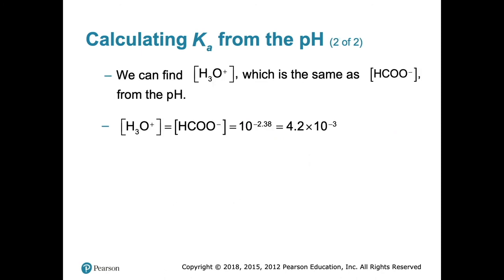And vice versa: to undo a 10 to the negative pH, you take the negative log. One undoes the other. So don't forget the 10 to the x button on your calculator. When you do 10 to the negative pH, you get 4.2 times 10 to the negative 3, and that's the concentration of both the H3O and the HCOO minus.